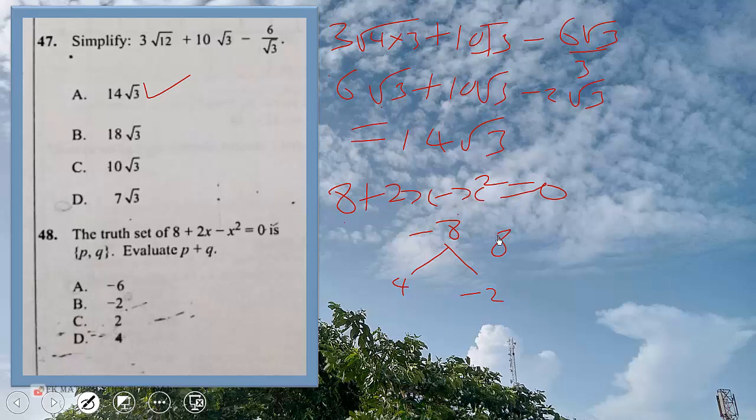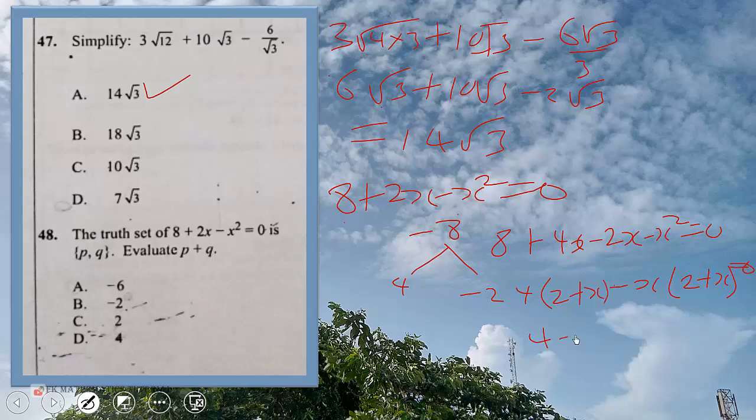So we have 8 plus 4x minus 2x minus x squared is equal to 0. So over here we get negative x outside, then we have 2 plus x. Then here we have 4 outside, 2 plus x equals 0.